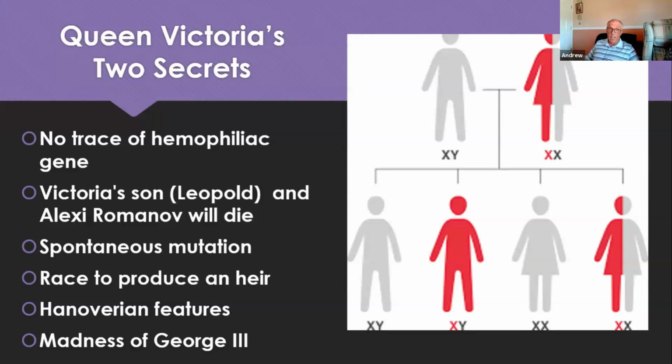Now, the second thing I want to get to is, yes, I should mention as well that perhaps not during Victoria's lifetime, but there was some speculation that Victoria was not the daughter of her father, the fourth son, fifth child of George III, but that her mother slept with somebody else in order to produce a child, and that perhaps the gene came in that way.